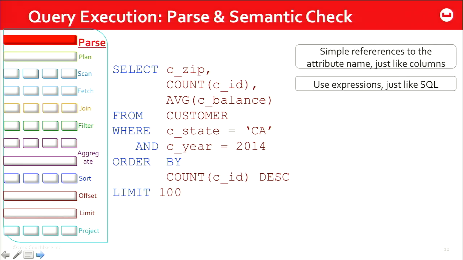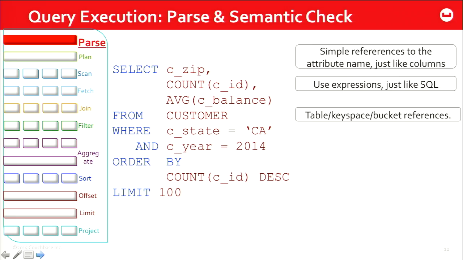In the projection clause, you can use any of the expressions that we support: all the arithmetic operations, logical operations, subqueries within the projection clause, all the standard things that you use, in addition to the aggregate expressions. The bucket reference is just like a table reference.